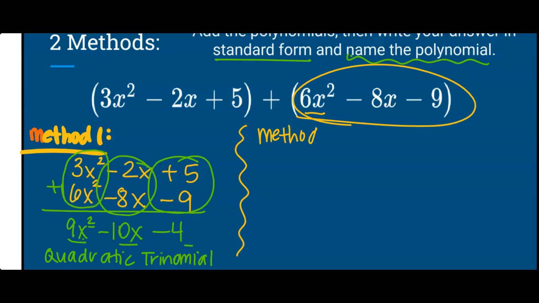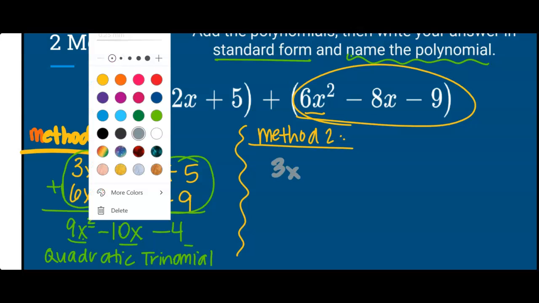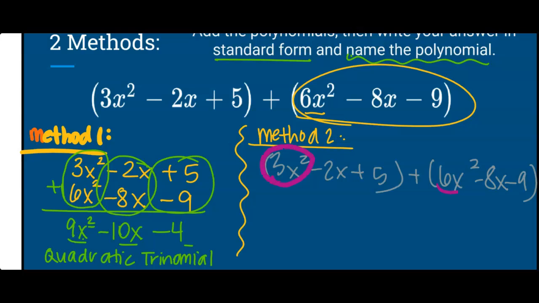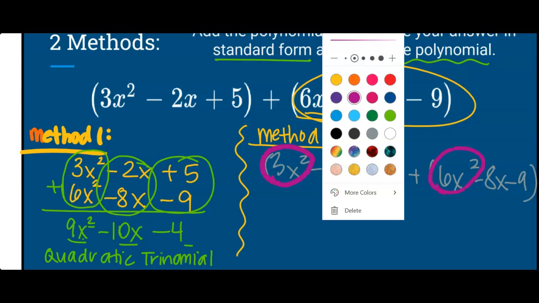So method 2, I'm just going to rewrite my 2 polynomials here. Method 2 is where you're going to use either 3 colors, or however many terms you have, or different shapes to kind of group your like terms. So I'm going to notice that I have 3x squared and 6x squared.